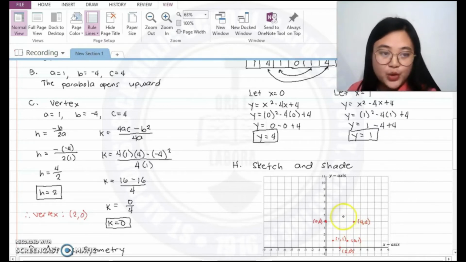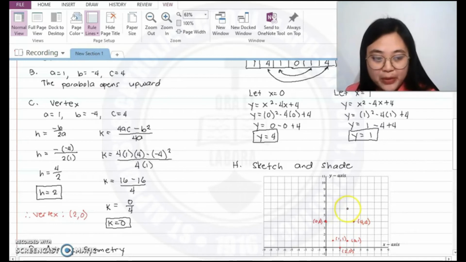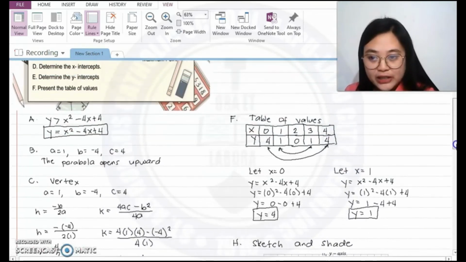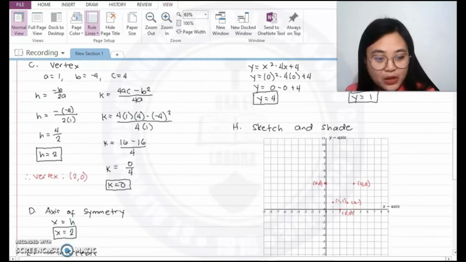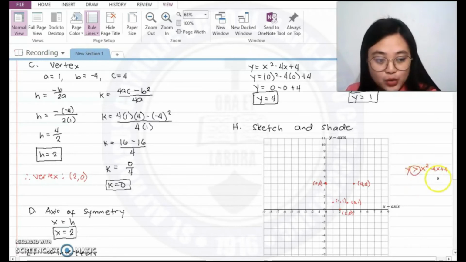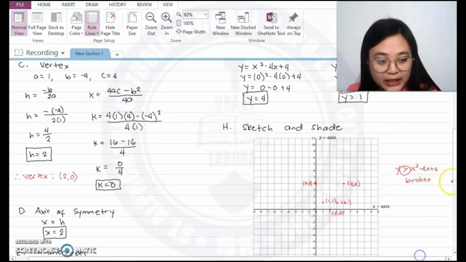Okay, before you connect the points, class, I want you to remember, go back to the given inequality, and the given inequality is this one. y is greater than x squared minus 4x plus 4, and since the inequality there is greater than, we're going to use the broken line in connecting the points.